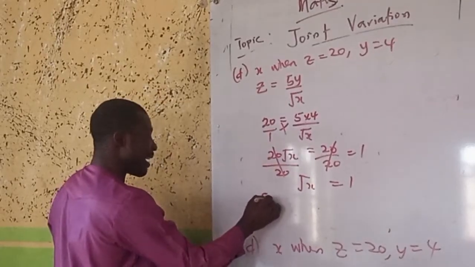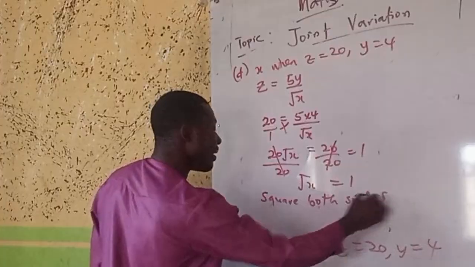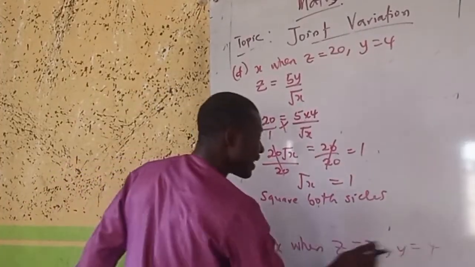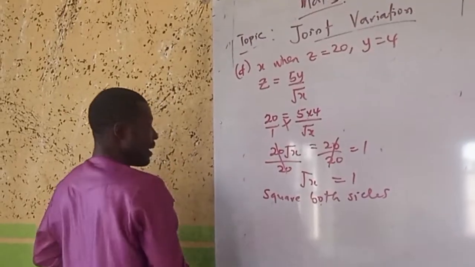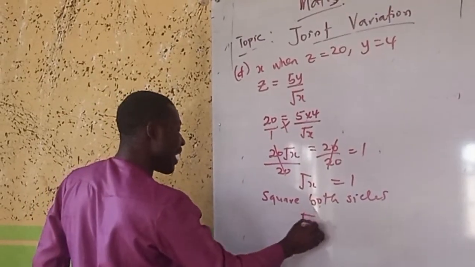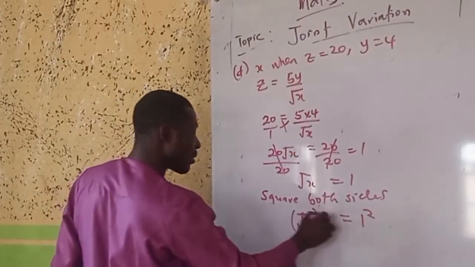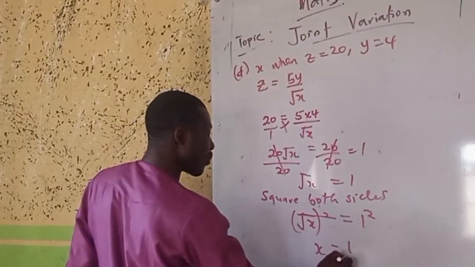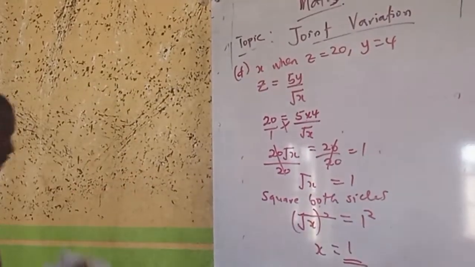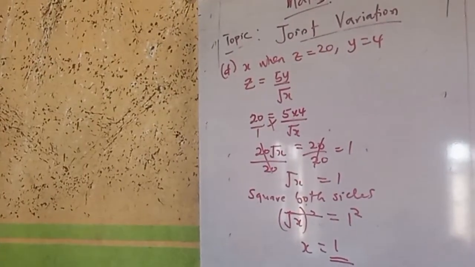We now square both sides, for us to remove the square root sign. That is, the square root of x squared gives x, and 1 raised to power 2 gives 1. So x equals 1. The answer here is 1, and I want us to take note of that.